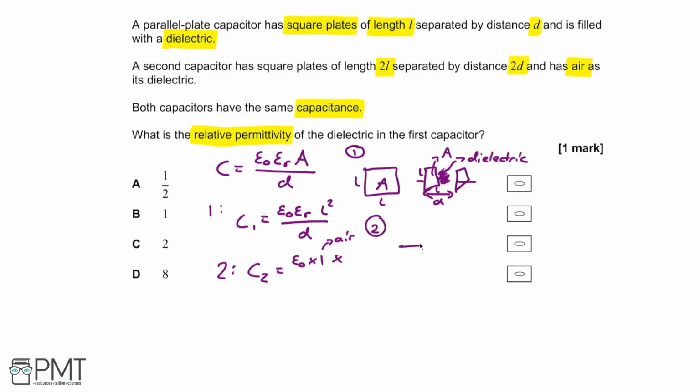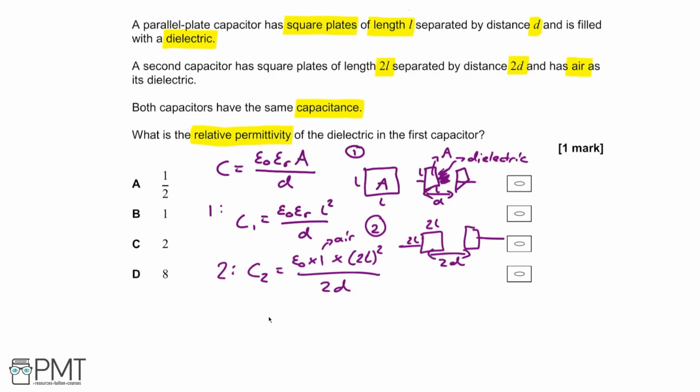In this case, we've got 2L and 2L, so this area is going to be 2L all squared. And then the distance between the plates, this time, is given by 2D, so that's on the bottom.